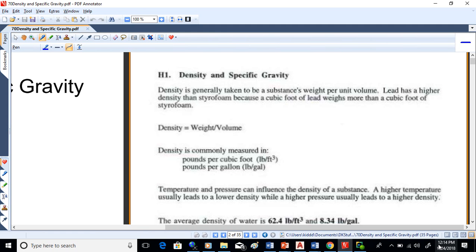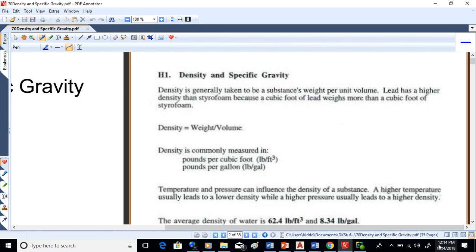And if you divide the weight by the volume, you get the density. So lead is a very dense substance. Styrofoam is not. So you kind of think in those terms. The more a given amount of something weighs, the higher its density.